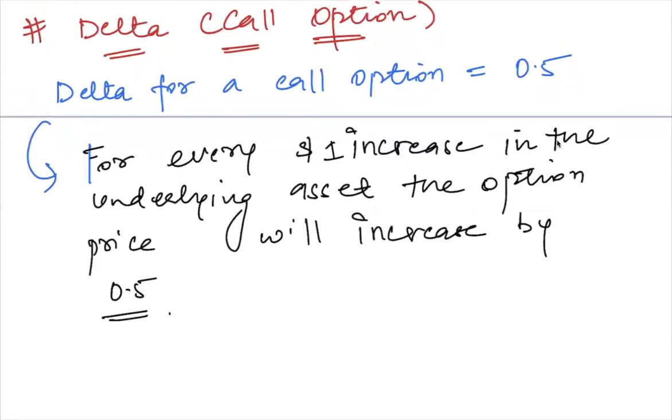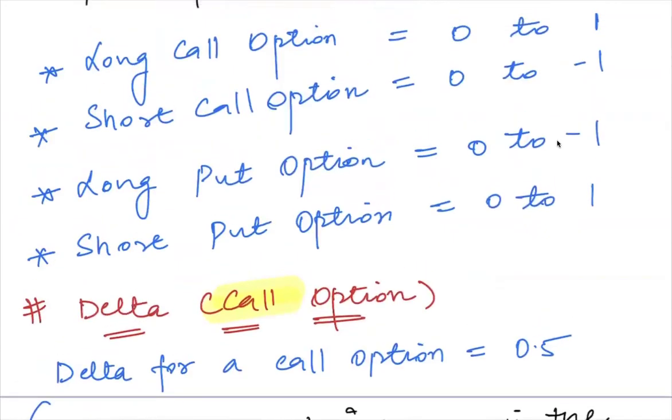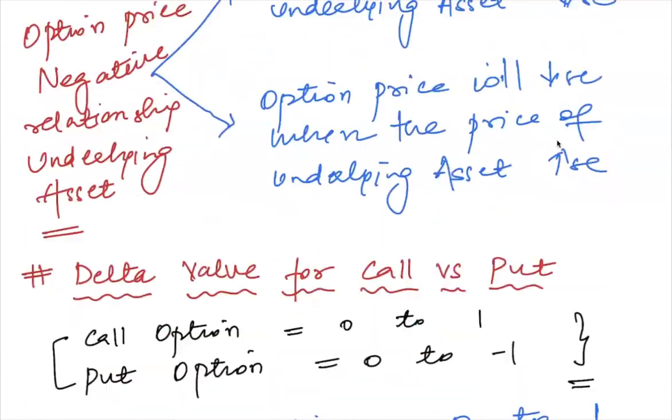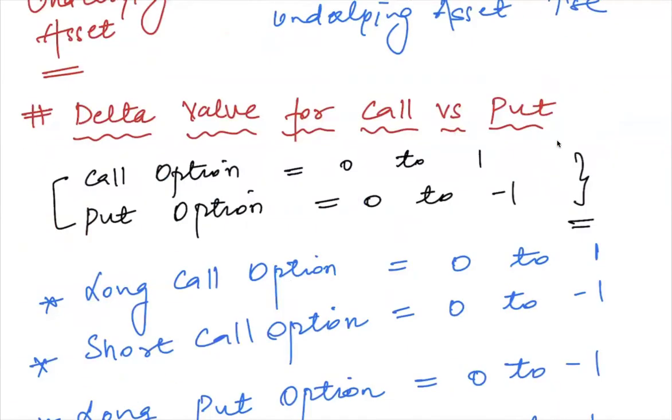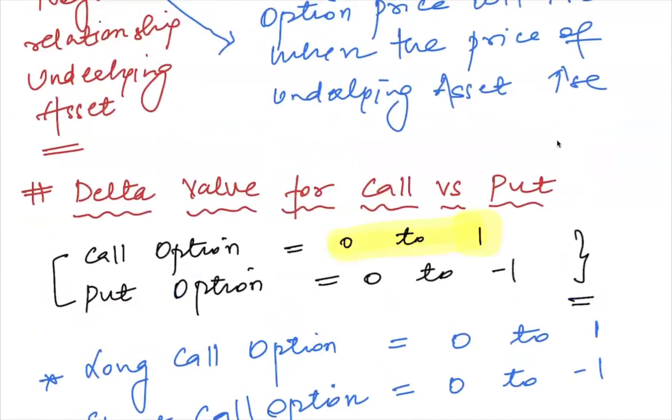Basically, first of all, quick question. Why does it increase? Because a call option has a positive relationship, right? First we studied that call delta is between 0 and 1.